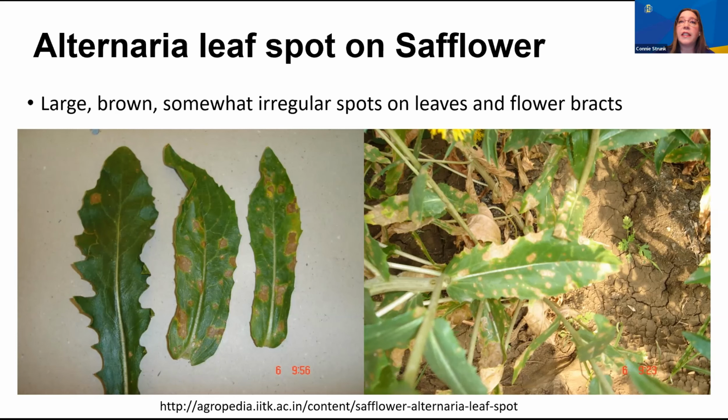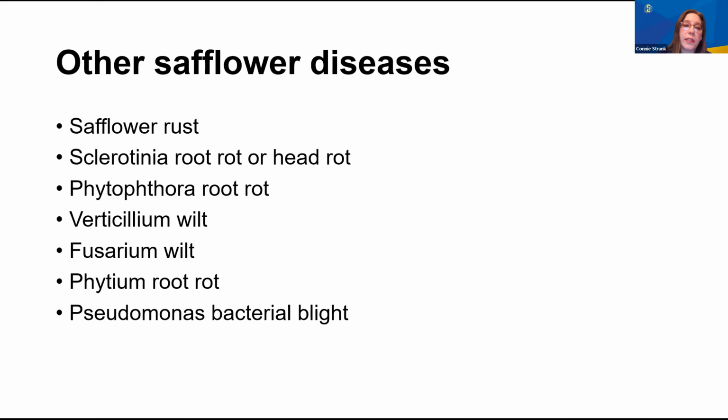Usually with this disease, you want to apply a fungicide at first flower to control or suppress it. Rarely is safflower rust a problem, but that could be an issue also. We do have a few other diseases that can be found within safflower, but the most common is Alternaria leaf spot and then safflower rust.